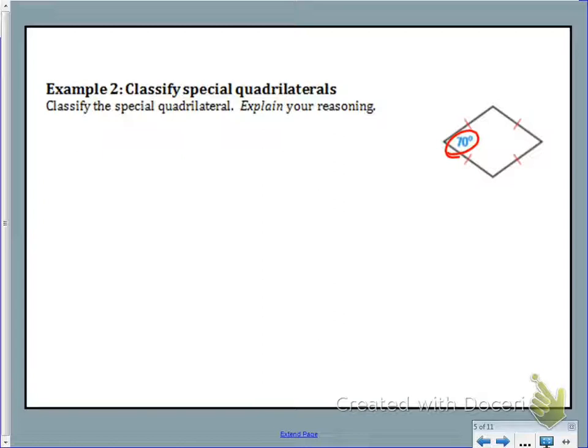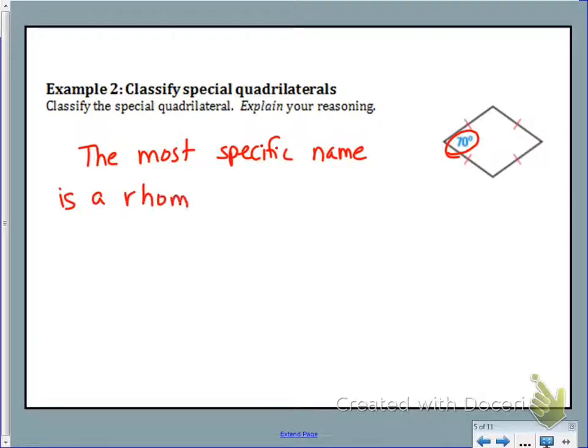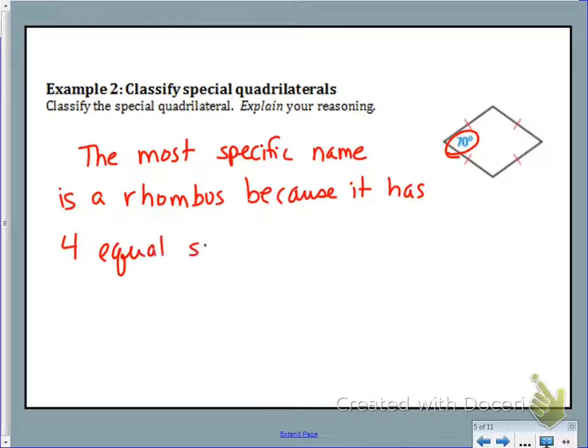So the most specific name for this quadrilateral is a rhombus, because it has 4 equal sides, but no right angles. If we knew that that angle was a right angle, then we could safely say that this was a square, but we don't.